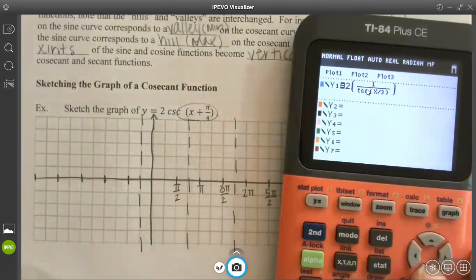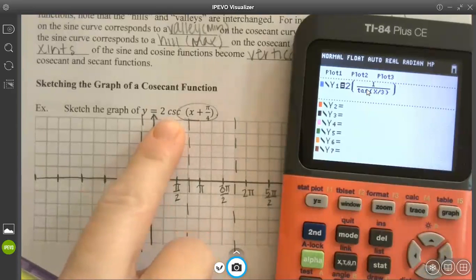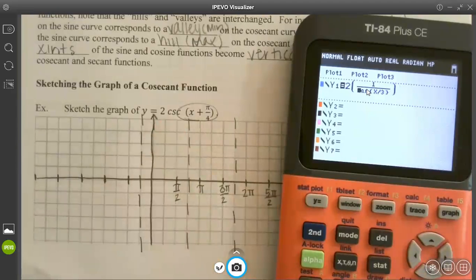We have 2 cosecant matches with, no, opposite letter. Yeah, opposite letter, sine. We have x plus pi over 4.